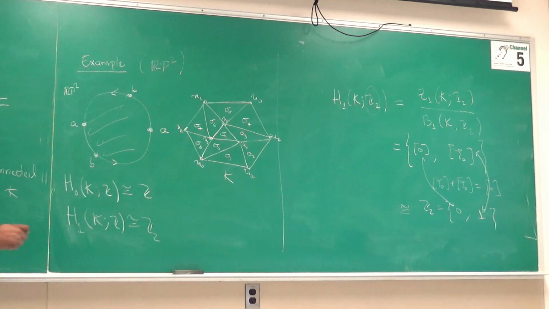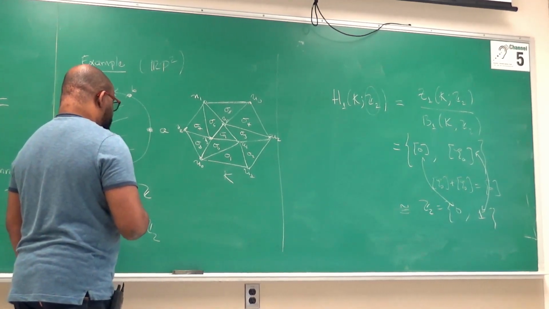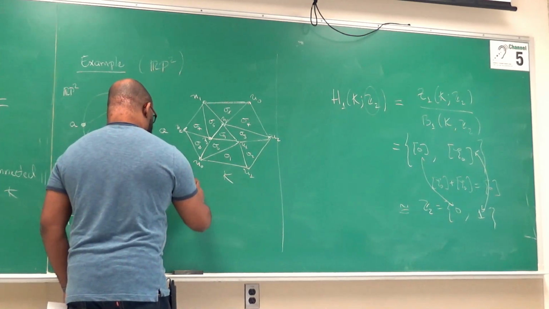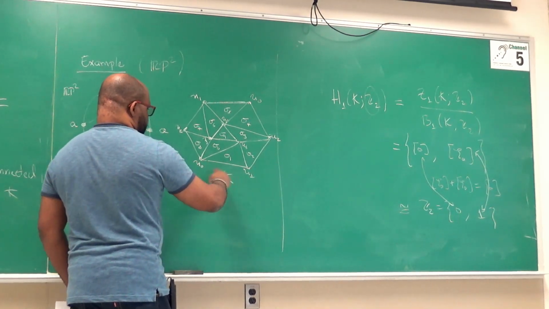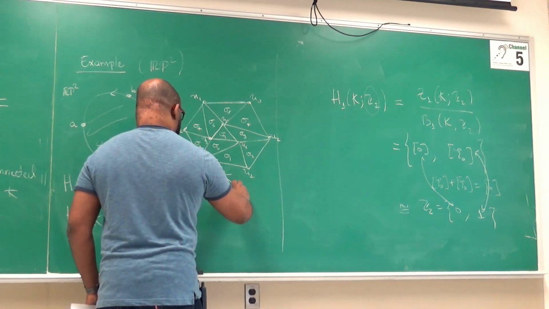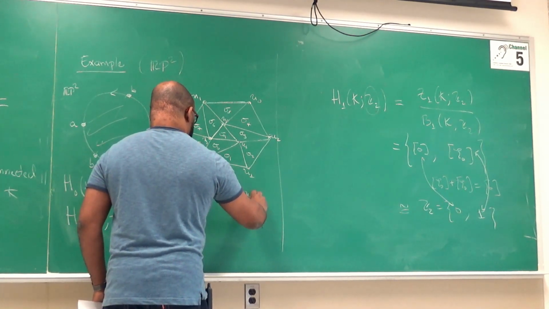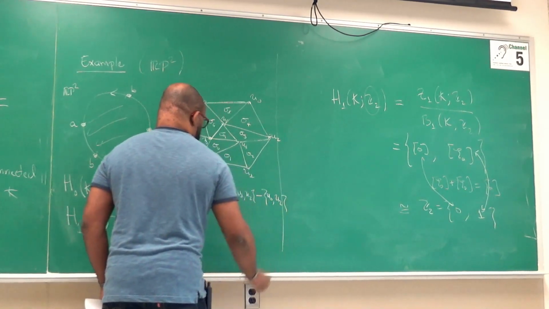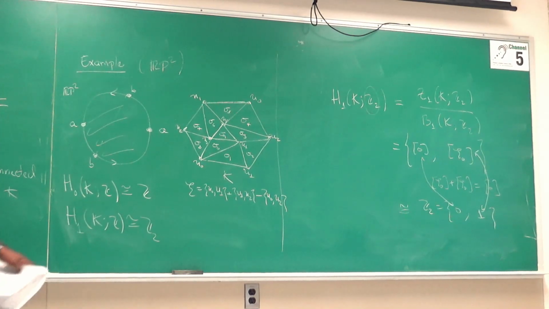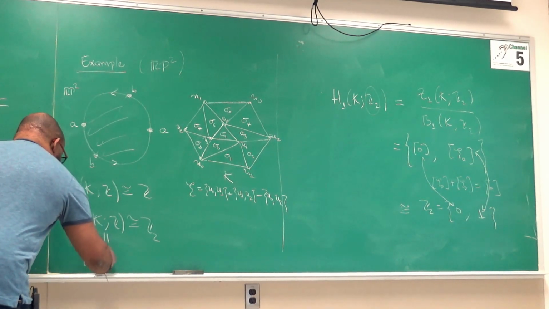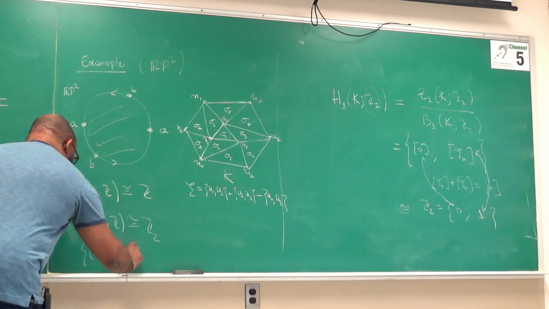And the way to think about the generator was that if you took zeta to be 0,1 plus 1,2 minus 0,2, then this is in fact just the class of 0 and the class of zeta.